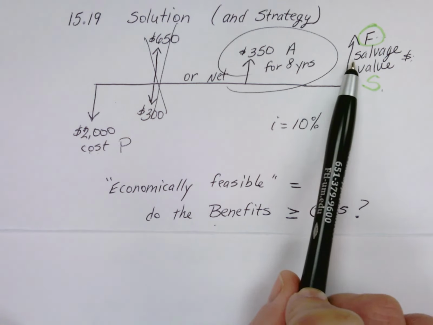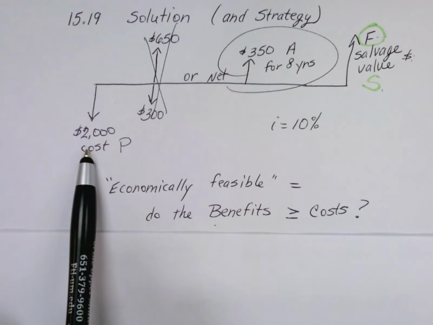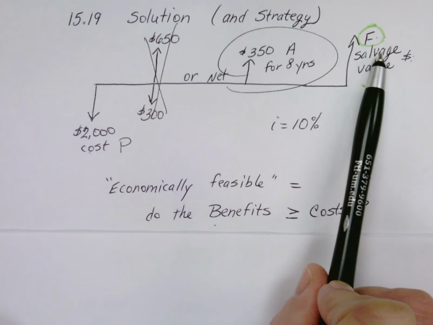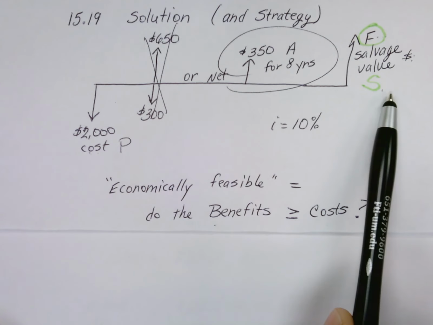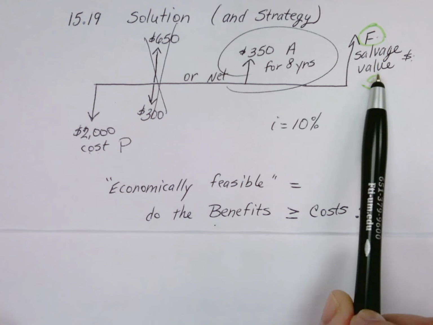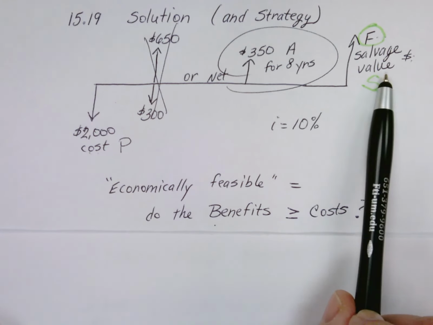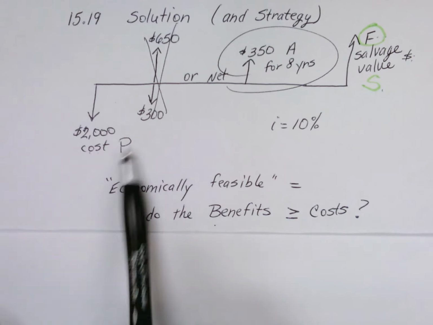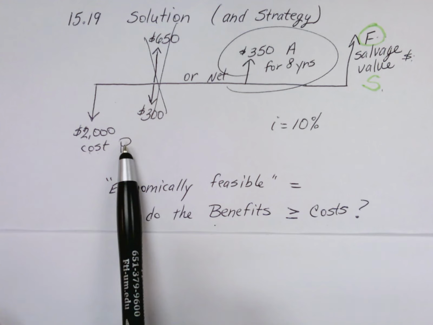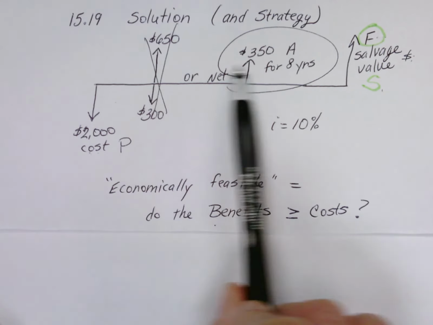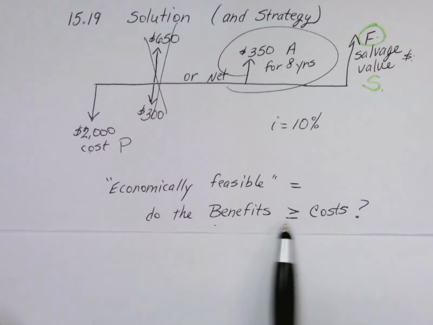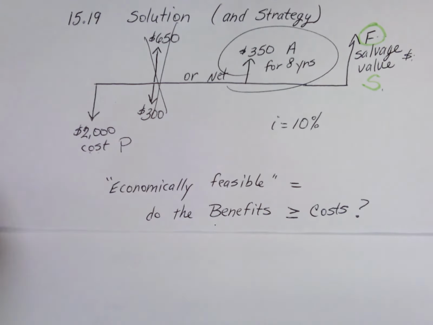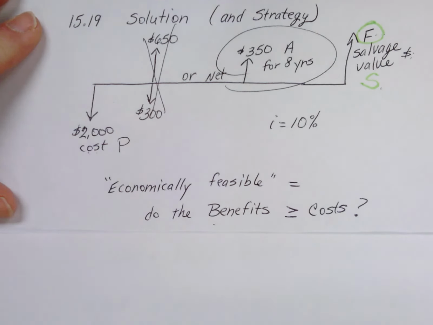That's a benefit. And then our initial cost is here. Benefits here, interest rate of 10%, so we just are left with one unknown here. What does this need to be, this dollar amount in the future, to make it so the costs are less than or equal to the future benefits? So basically we want, do the benefits equal or exceed the costs? If so, then the investment is economically feasible.